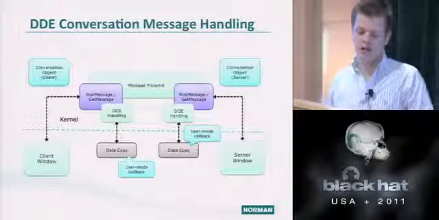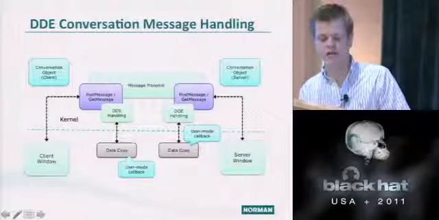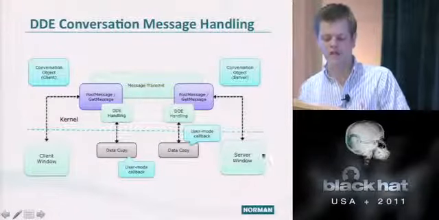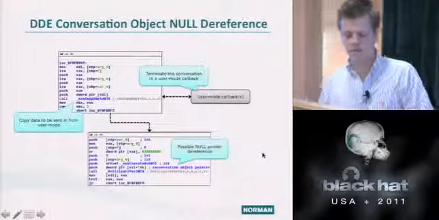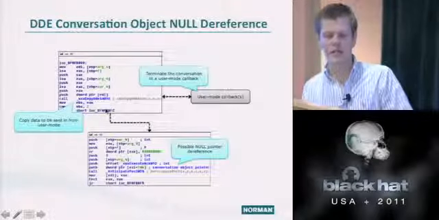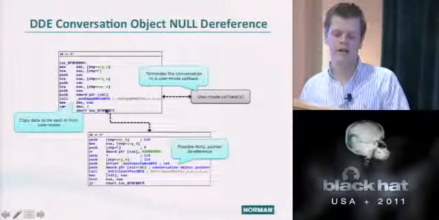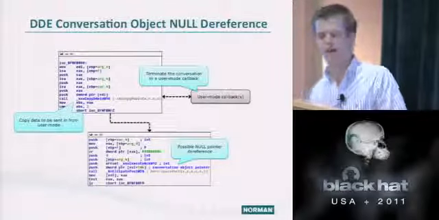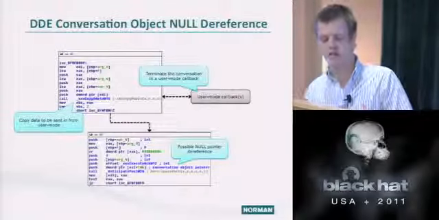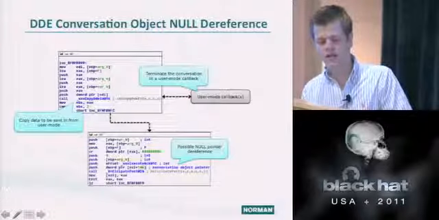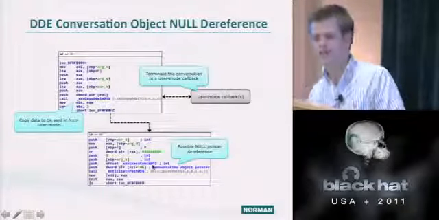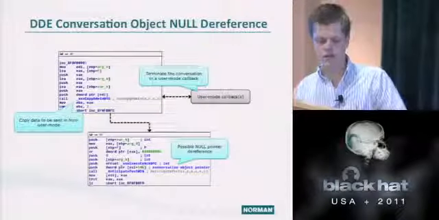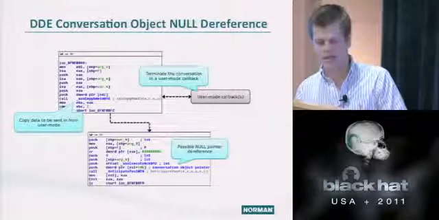So it will either copy data in or copy data out from user mode when ending up to the server. These copy data in or copy data out result in a callback, and within that callback you could destroy the opposite party. In this case, if you do that, you would have a null pointer reference that was exploitable in most cases. We'll talk more about the exploitability after this section.